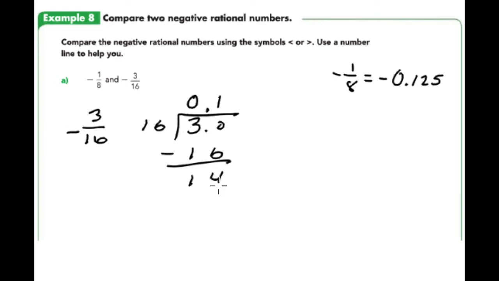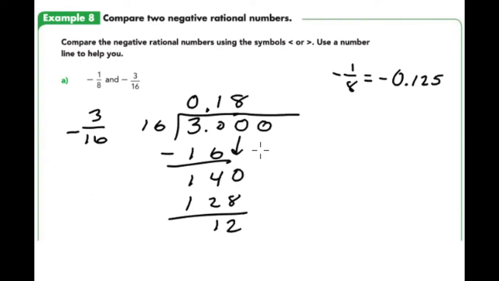That would leave us with a 14, which becomes 140 once we bring down the 0. 16 goes into 140 8 times, and when you multiply 8 by 16, that would give us 128. We're now left with 12, which becomes 120. 16 goes into 120 7 times.